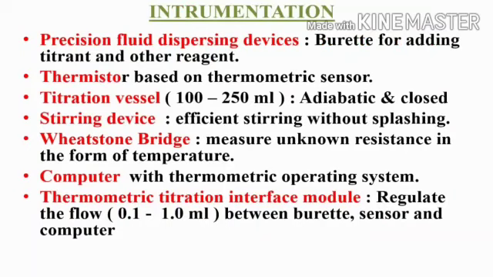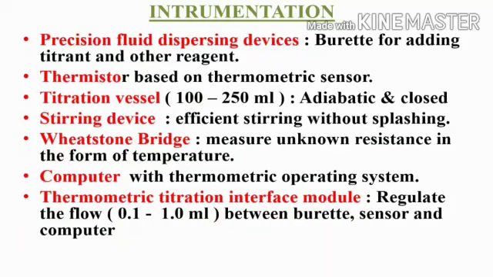Instrumentation of thermometric titration. The thermometric titration assembly consists of some components. We discuss one by one. Precision fluid dispensing device: it contains the automated motor driven burette for the addition of titrant and other reagent.